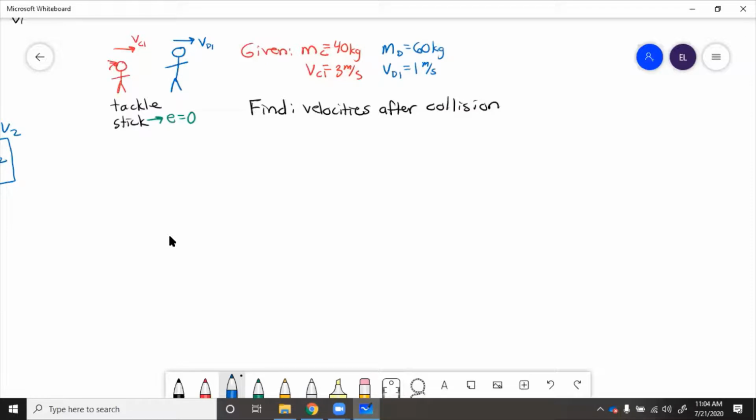So to find their post-collision velocities, we know that there's no external forces here, so momentum must be conserved.